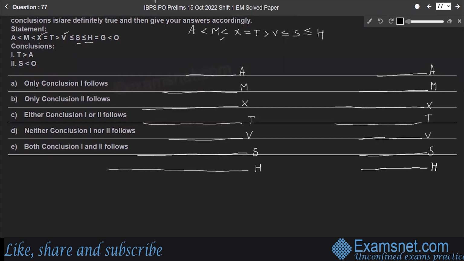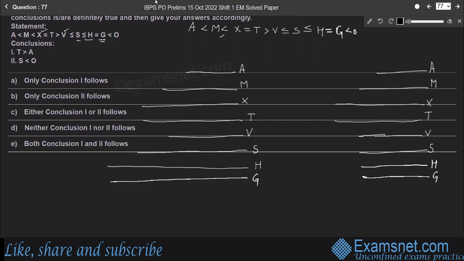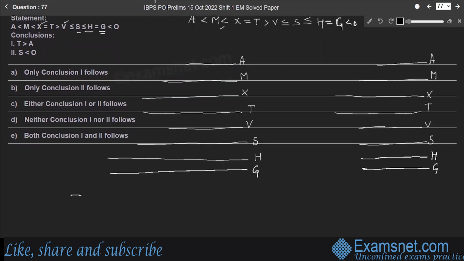Then H is equal to G. In both the cases, H is equal to G. So align G in both the cases. H is equal to G. Next, G less than O. So G is less than O. Therefore, O is a greater line. And here, G is strictly less than O.